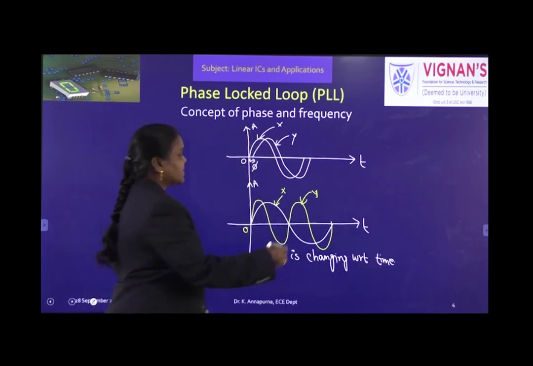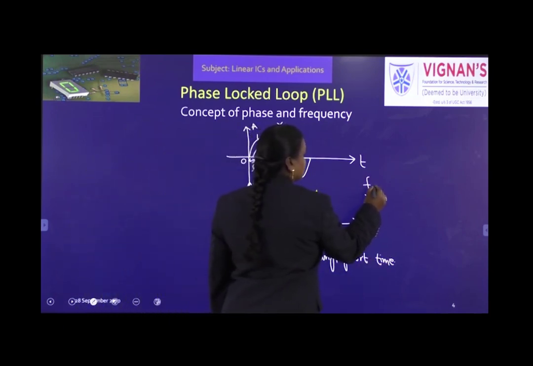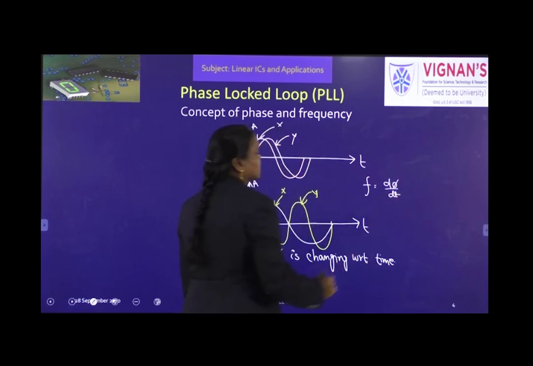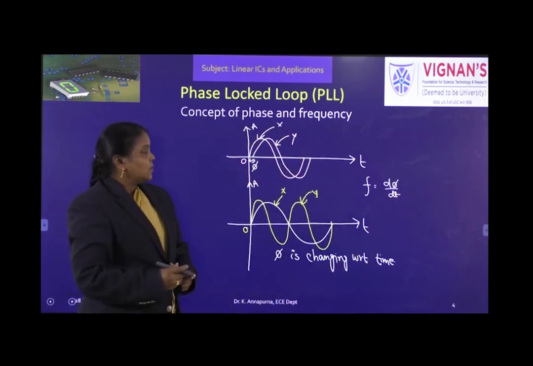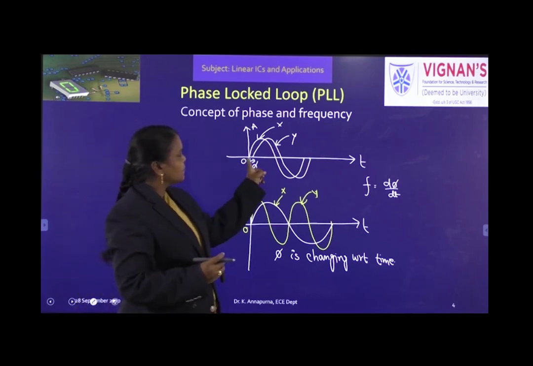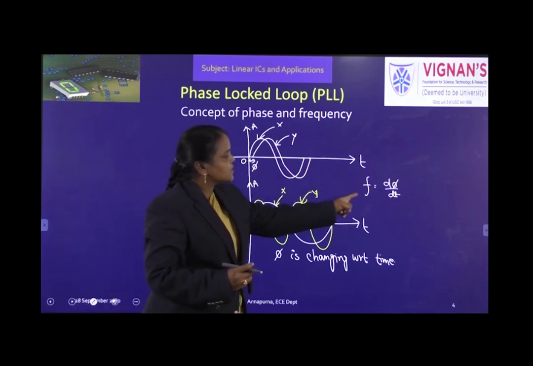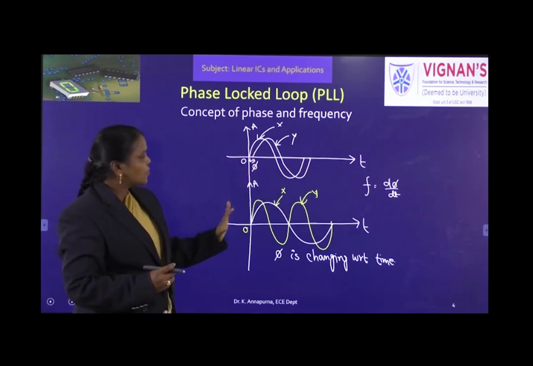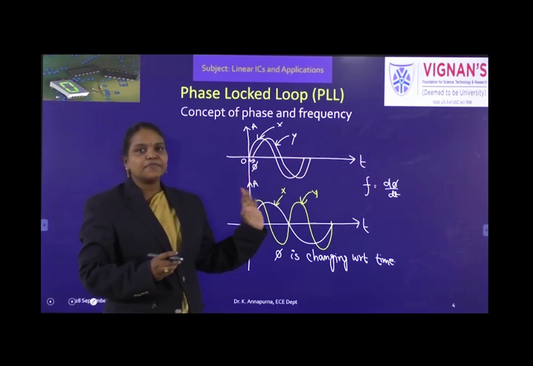And frequency is nothing but change of phase shift. Here that phase shift is constant, that is, the frequency difference is not there in the first waveform. It is the concept of phase and frequency.